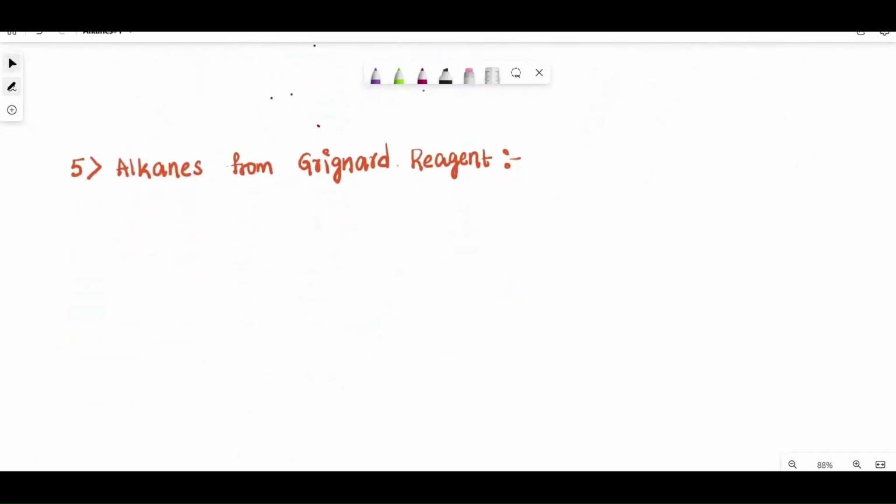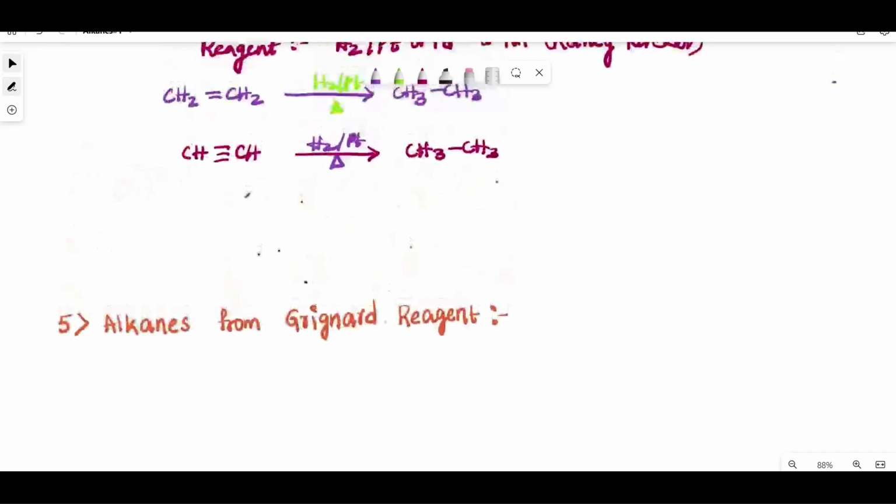Let's see another example. And you have to remember one thing here: hydrogenation is syn addition. This is important. Syn addition means addition of hydrogen on the same side of carbon. Let's see from this example. CH2 double bond CH2.